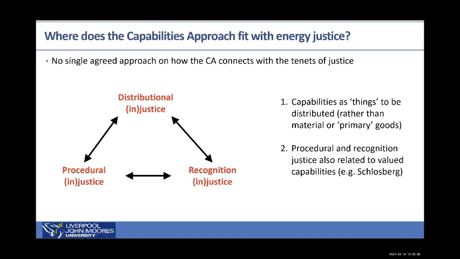For me, I'm not wholly convinced that either of these 2 approaches works. I think it's strange in some ways to talk about distributing capabilities, because capabilities aren't things that we can just hand out to people and share out in the same way that we could with money or other kinds of resources. It doesn't really make sense to me to apply a logic of distribution to them.